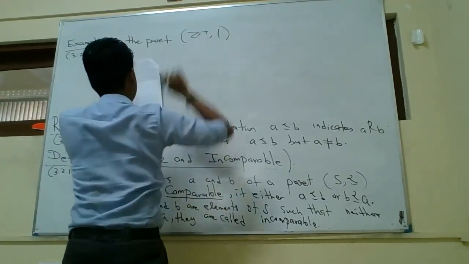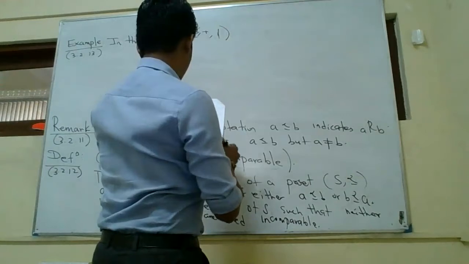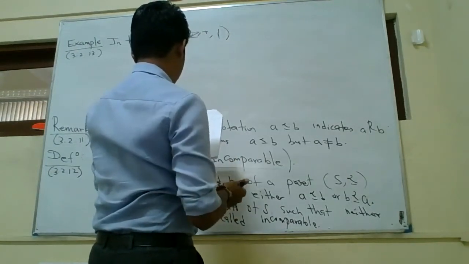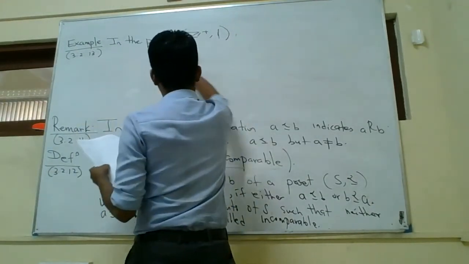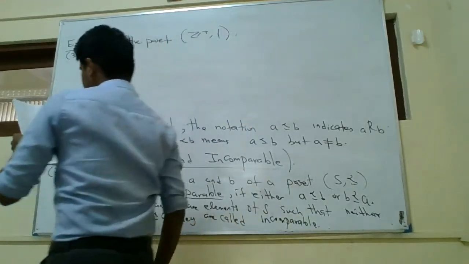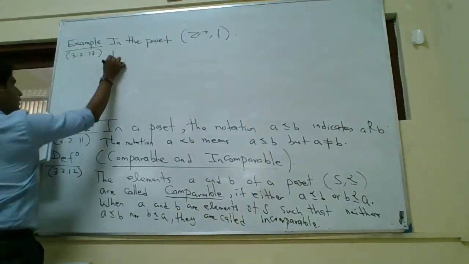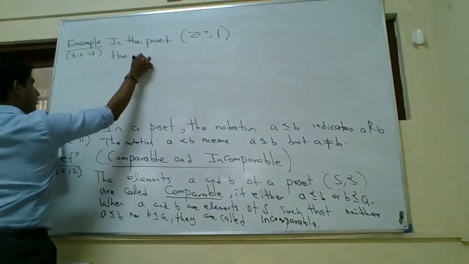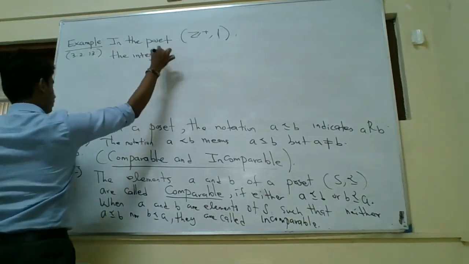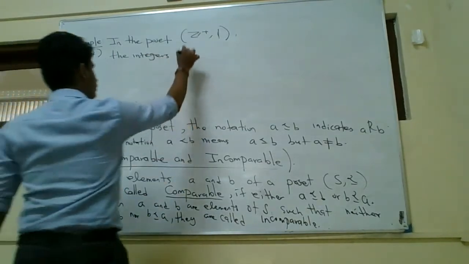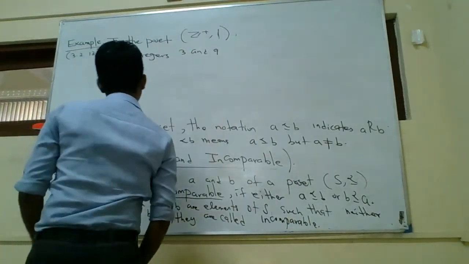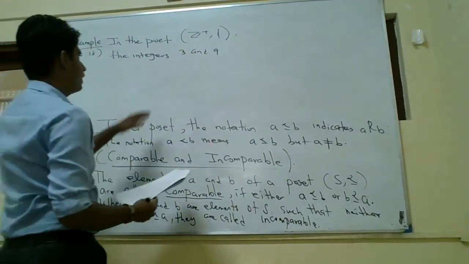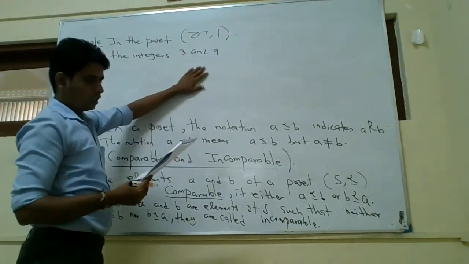Is less than this one. In this poset case, what about these integers, 3 and 9? In the 3 and 9 case, both are comparable, no? Both are comparable.